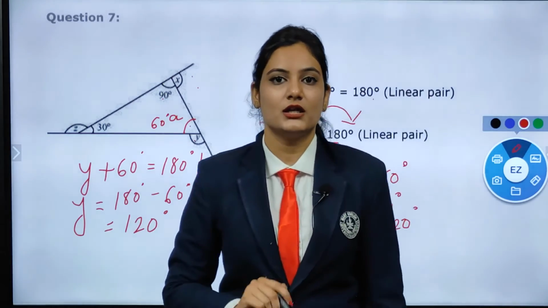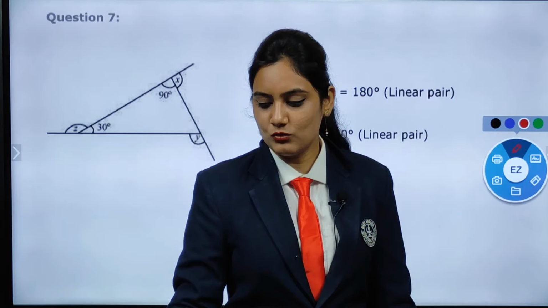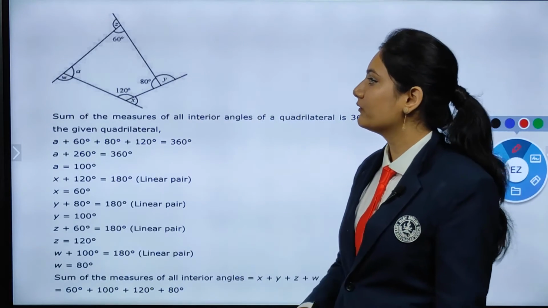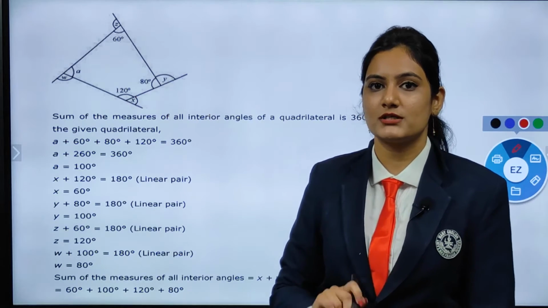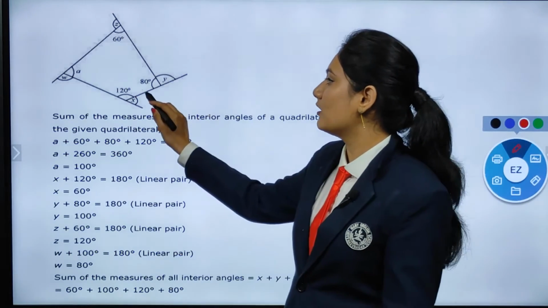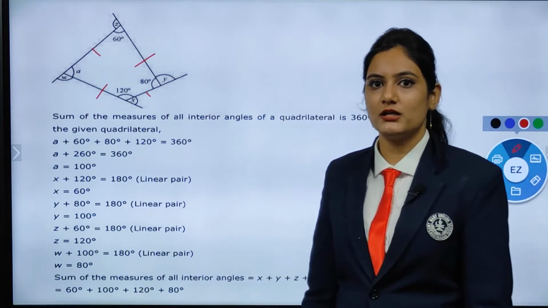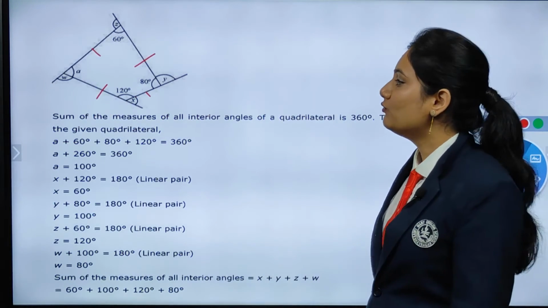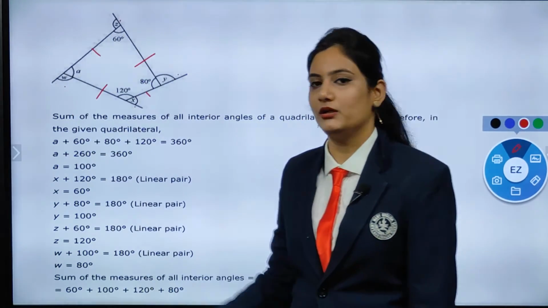Understood children? Now coming towards our next question, that is question number 2 of question 7 only. See children, whenever the shapes are given, what I told? First count the number of sides. Here 1, 2, 3 and 4. 4 number of sides are there, so it is a quadrilateral. You want to find the value of x, y, z and w.